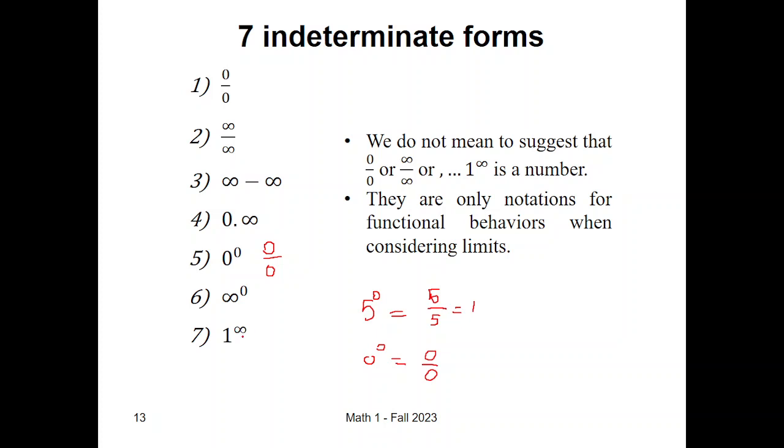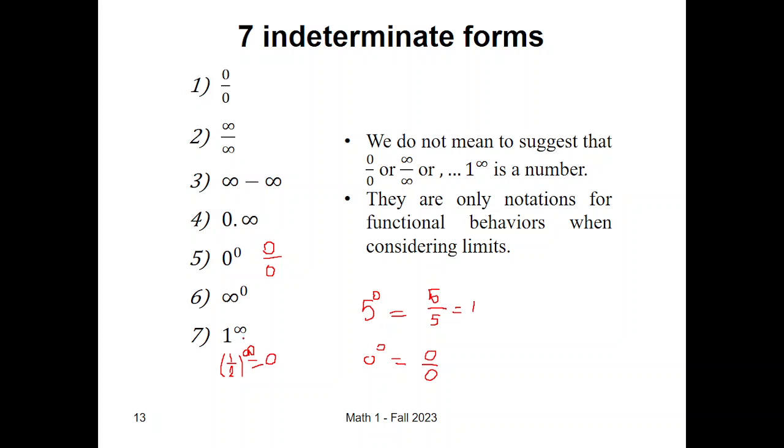If the exponent approaches infinity first, it depends on the value of the base function. If, for example, this function is still a fraction, for example, half, power infinity will be equal to 0.